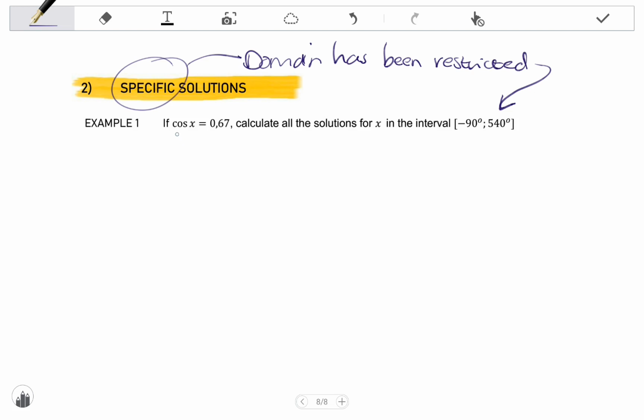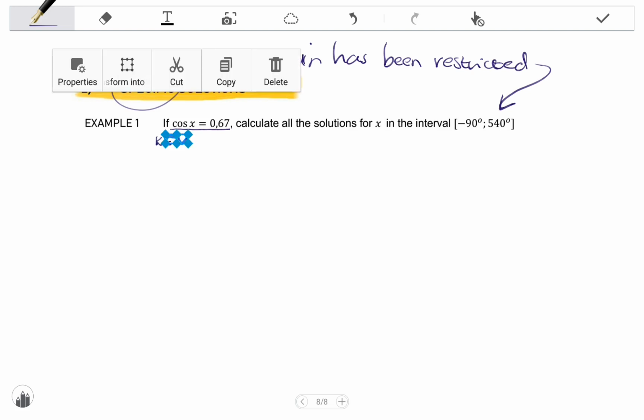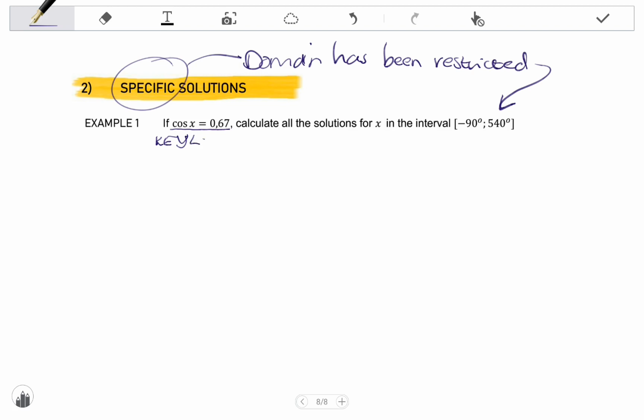Looking at our equation, we have to isolate the trig function. That's already done. Next step is to find the key angle. So arc cos of the value is equal to 47,9 degrees, rounded off to one decimal place.